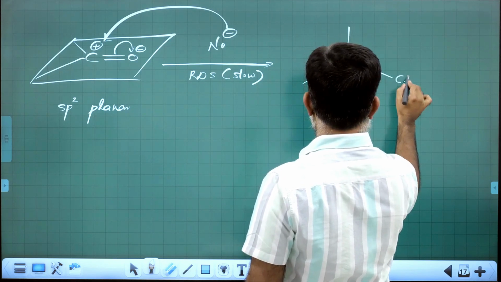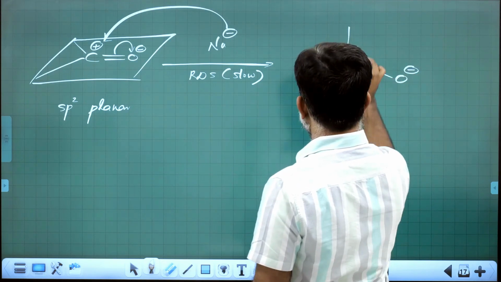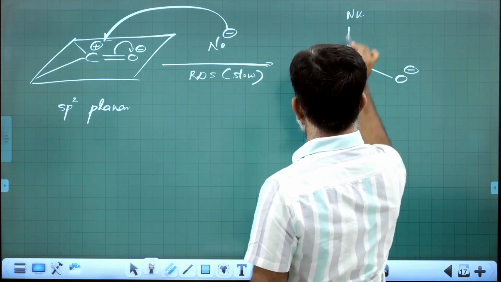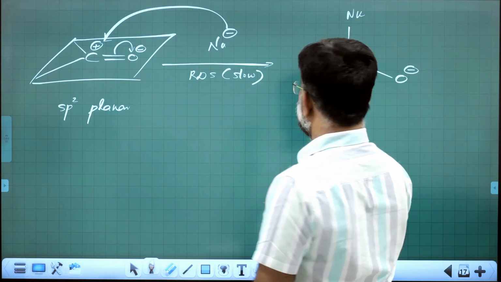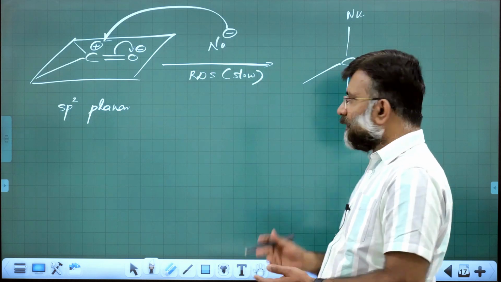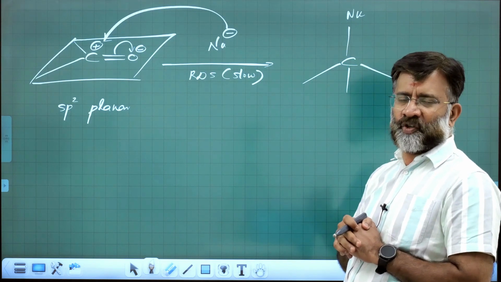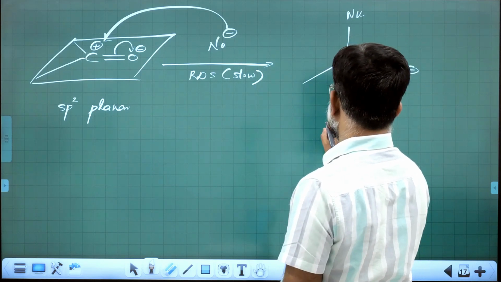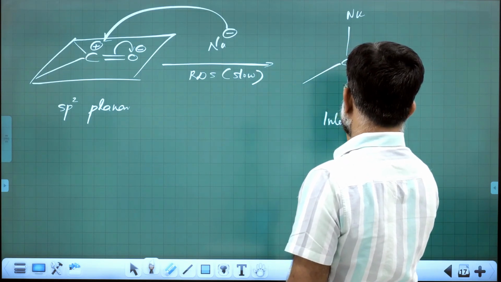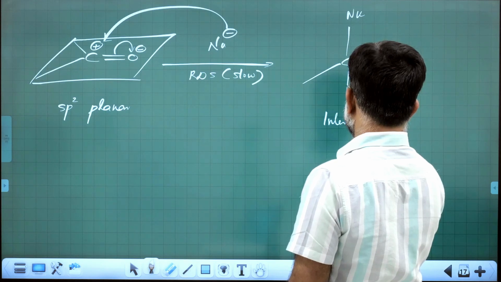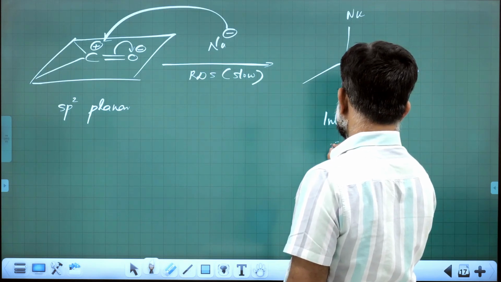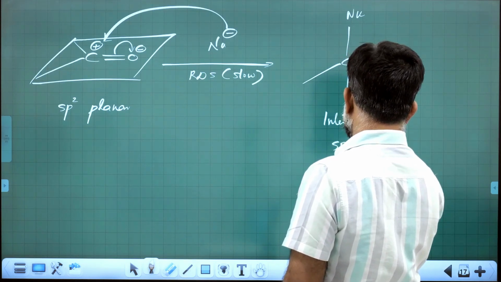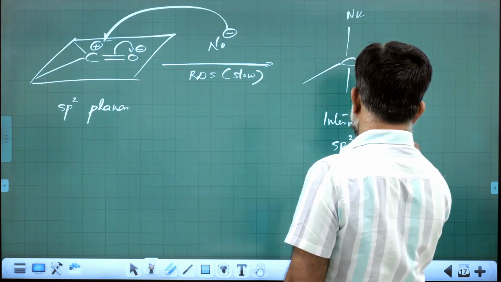C double bond O becomes O minus, and the nucleophile is attached here, and here you have 2 free valencies. If it is an aldehyde, one position will be H. So this is the intermediate we get, and the intermediate is sp3 hybridized and tetrahedral.